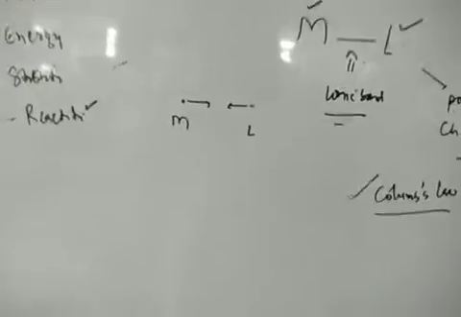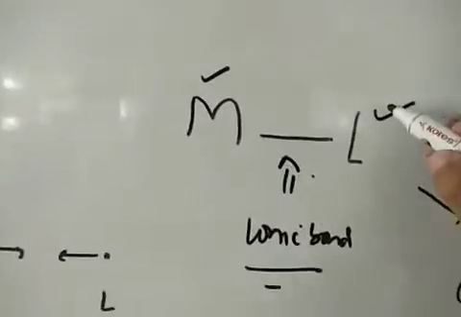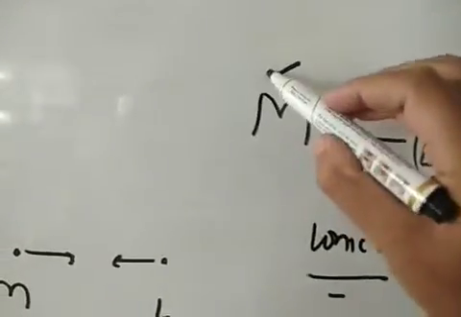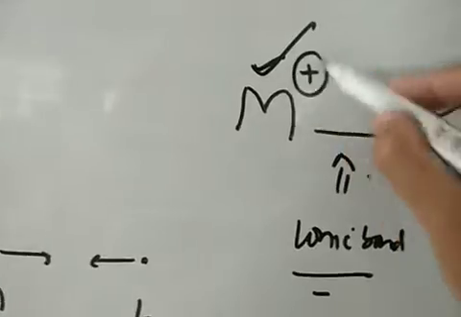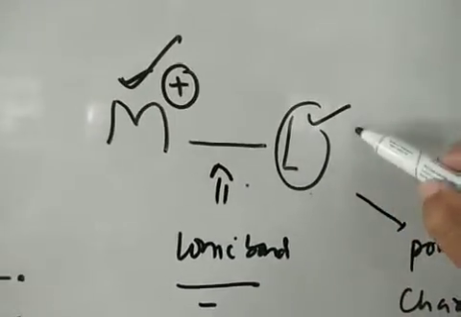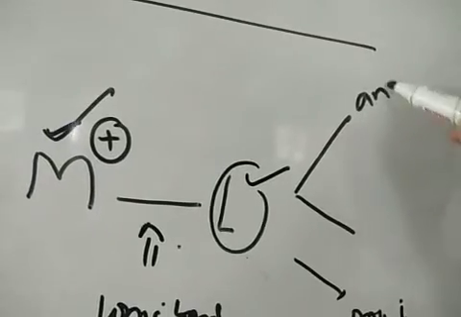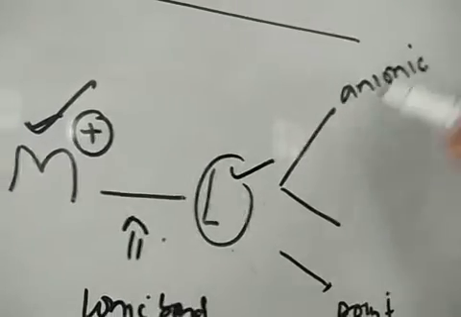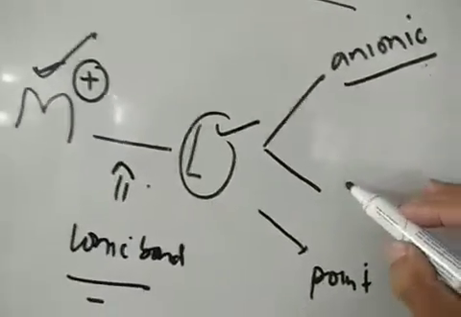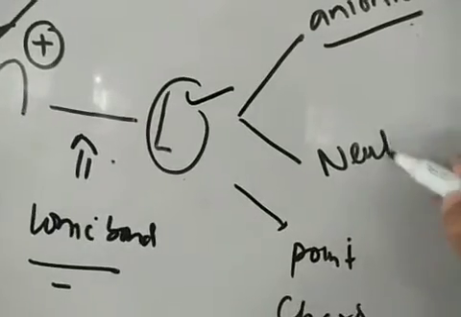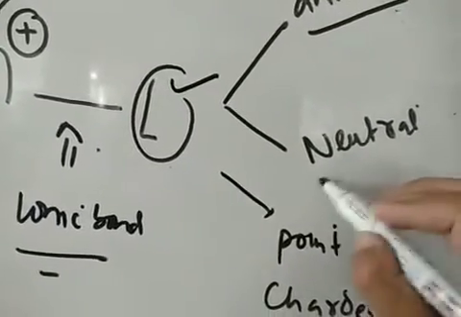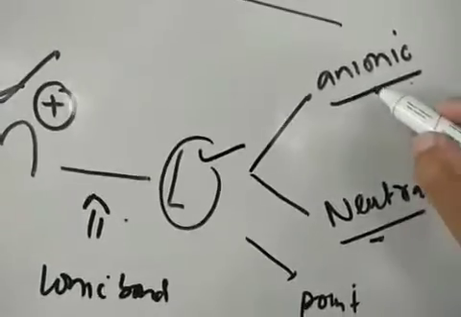Fine? Now the metal, we know that it's a positively charged entity. So the ligand can be either anionic, इसमें नेगेटिव चार्ज होगा, and it can be a neutral one. क्योंकि न्यूट्रल ligands हमें पता है कि ligands can be neutral, they can be ionic.